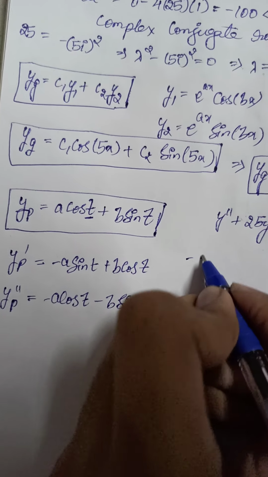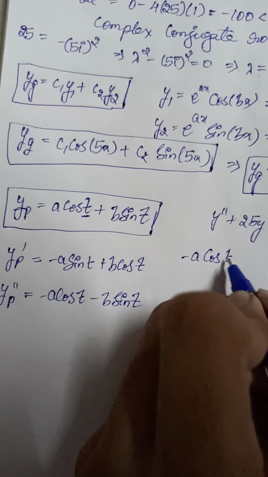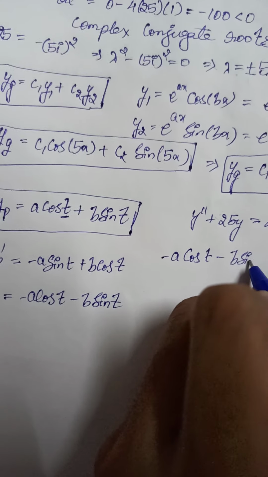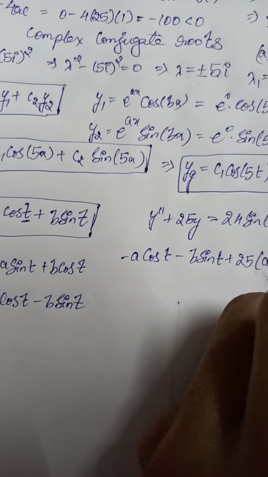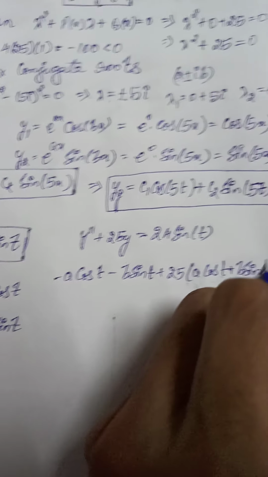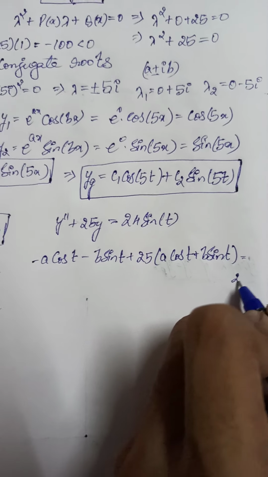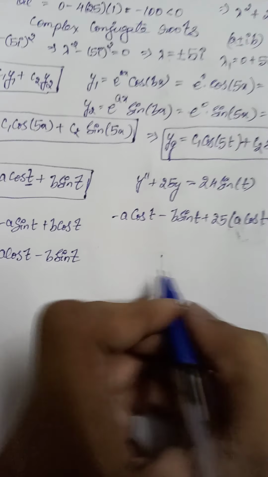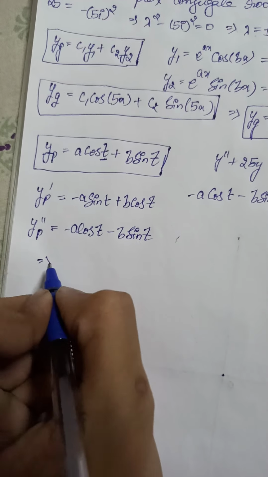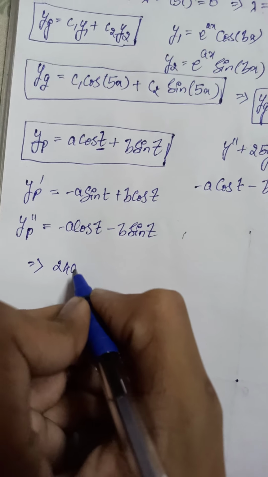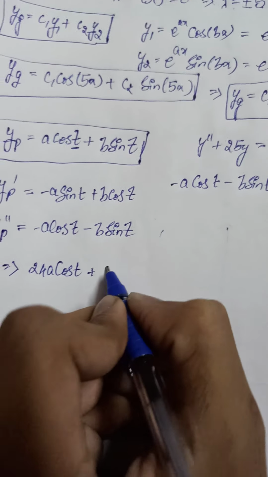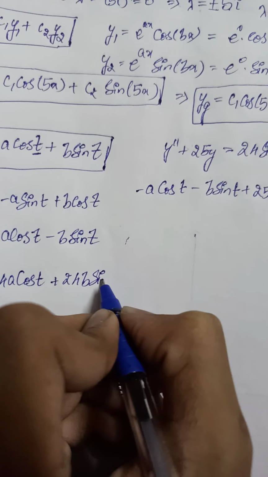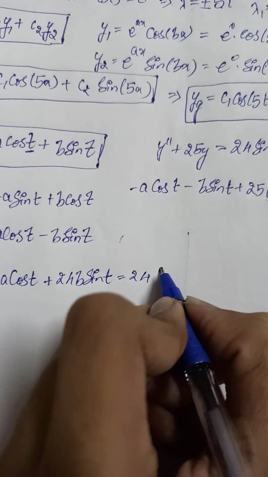So substituting values, minus a cos t minus b sin t plus 25 times a cos t plus b sin t equal to 24 sin t, which implies 25 a cos t minus a cos t, which is 24 a cos t, and 25 b sin t minus b sin t, which is 24 b sin t, which equals 24 sin t.